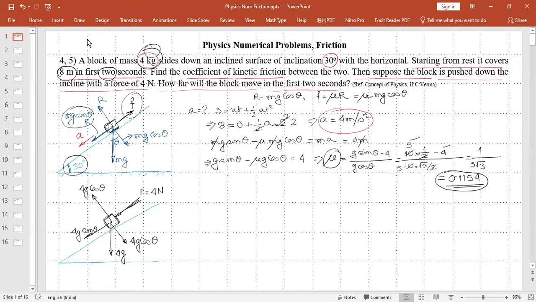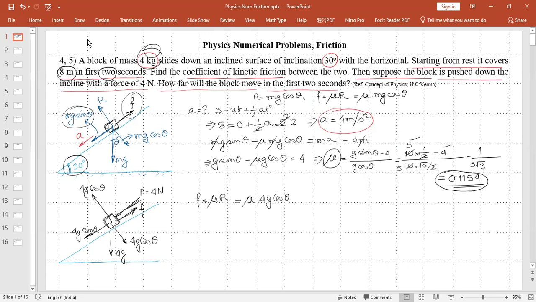Now there is a frictional force F. This frictional force F is equal to mu R, which is mu times 4g cos theta, right? And this frictional force, you can see, is upward along the slope.